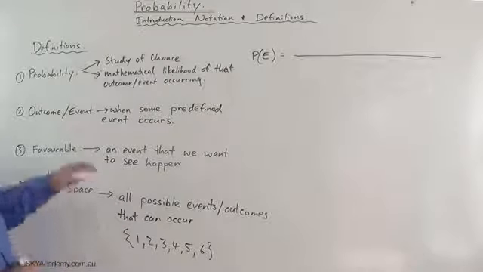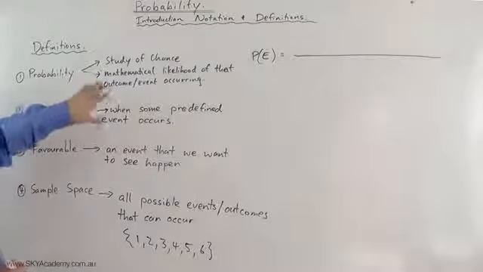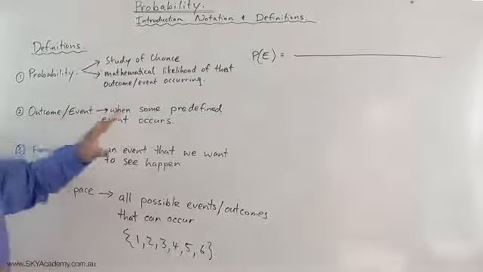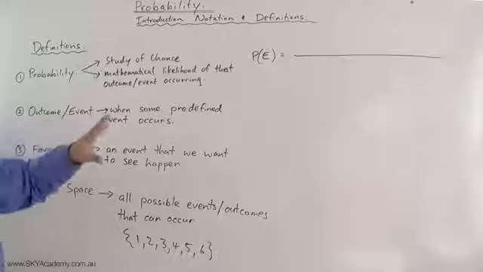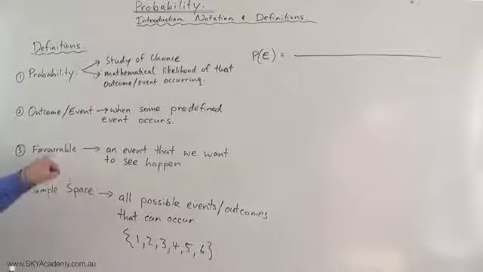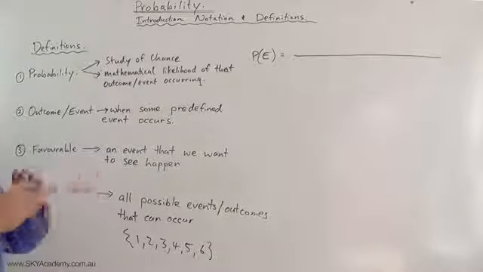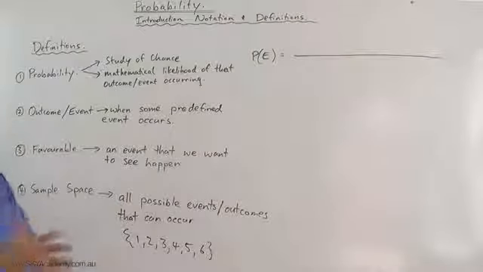Got it? So the probability of an event is the mathematical likelihood of that event occurring. An event or outcome is some predefined thing happening. It's favorable if we wanted to see it happen, and that's the probability we're studying. So what's the probability of rolling a 3?